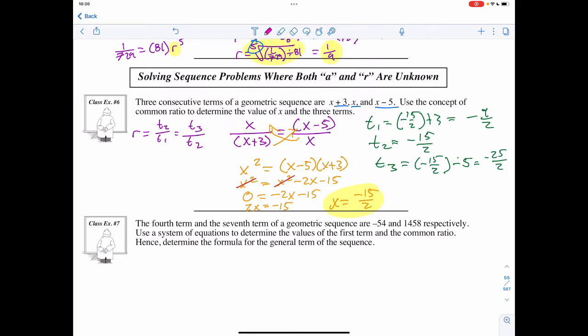So my geometric sequence is negative 9 over 2, negative 15 over 2, and negative 25 over 2. Now, if I divide these out, I could always prove that this works because I could find what the common ratio is if I divide one term from the next, and every single time I'm multiplying by 5 over 3.